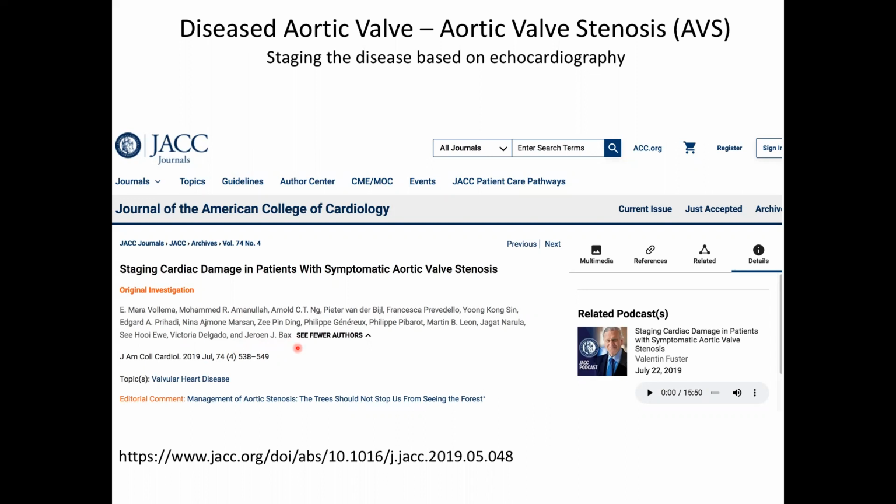So the question is, what should you measure in these patients to determine that they should get a prosthetic valve now, right, versus later? And is there a way to determine, prognosticate, who's going to do better with this therapy? Excuse me.